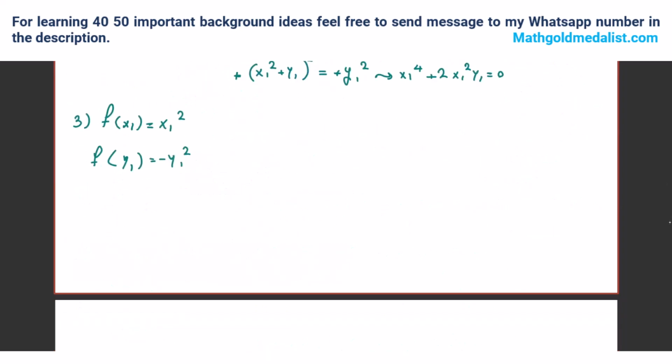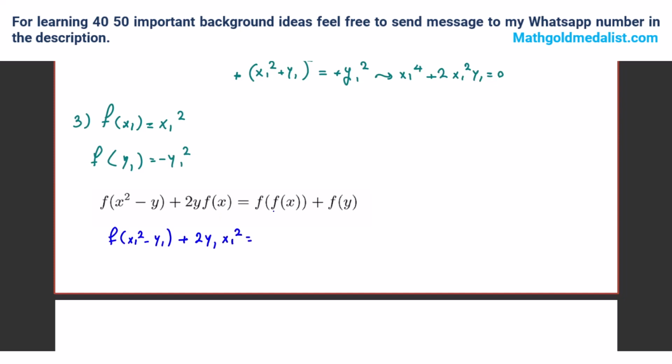So let's replace again. We can say f of x1 squared minus y1 plus 2y1. F of x1 is x1 squared.